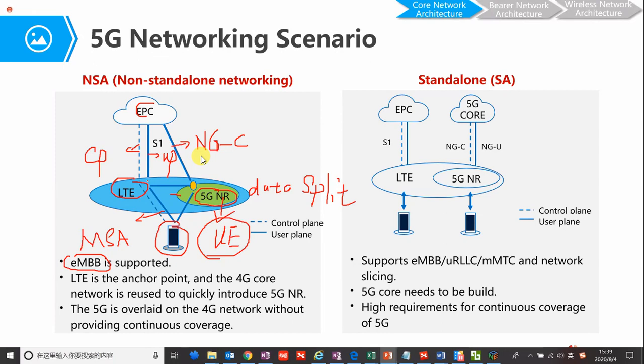And another reason: if the UE is in the 5G NR coverage area and makes a call, and then the UE moves out of the 5G NR coverage.